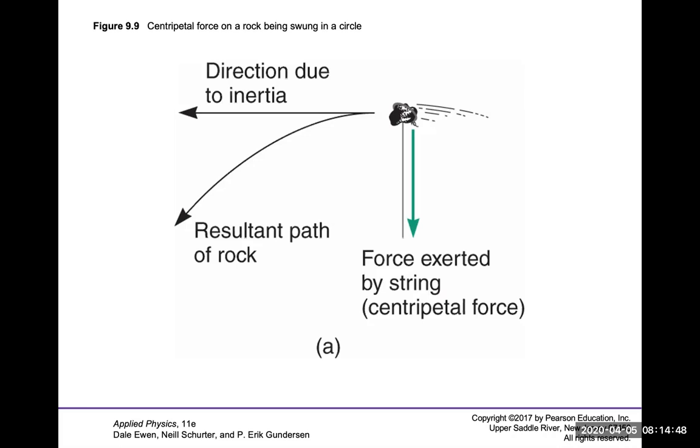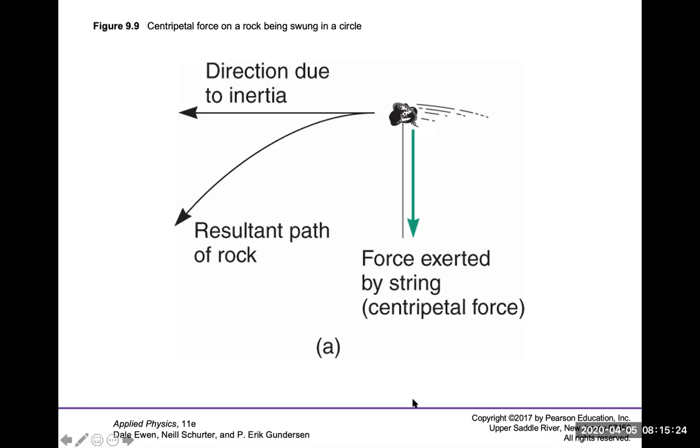We have looked at forces that are aligned with the motion, but here we have a force that's perpendicular to the motion, and that produces a completely different result. It deflects the rock down the screen as we're looking at it. The direction the rock would go, due to its inertia, according to Newton's first law, is straight to the left if that string weren't there, and we'll see that in the next picture.